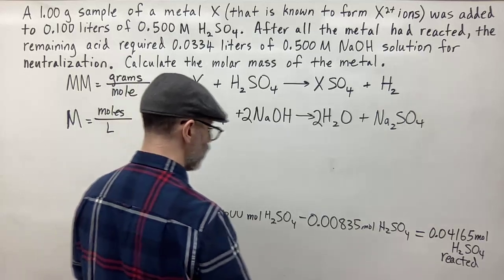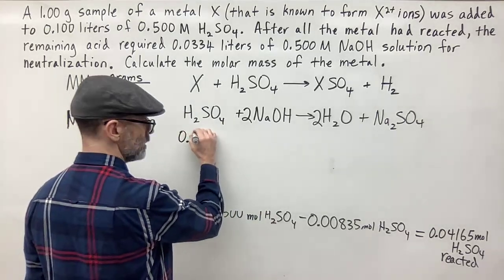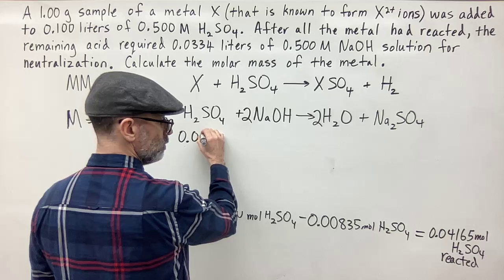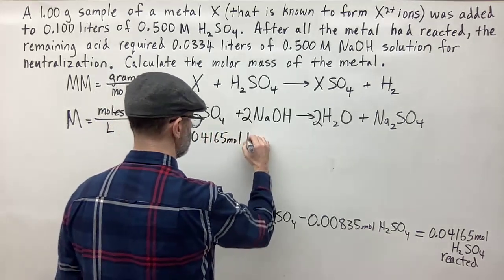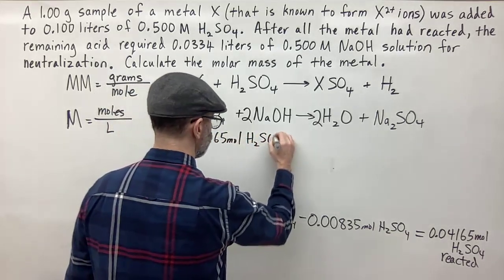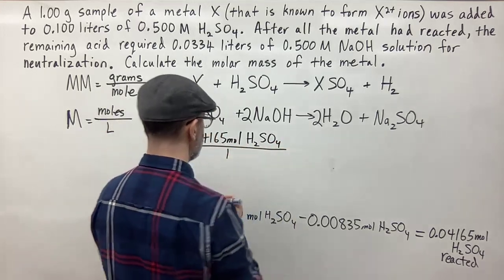Here we're going to start with 0.04165 moles of H2SO4 that reacted with our metal X.